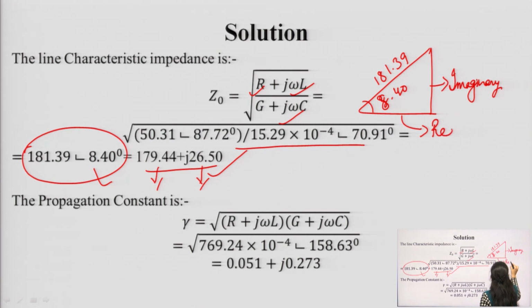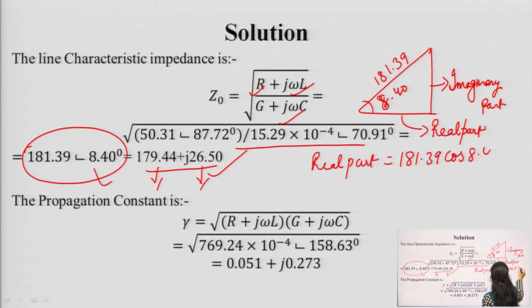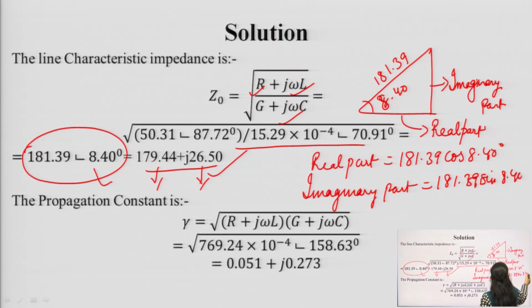The real part will be 181.39 cos of 8.40 degrees, and the imaginary part will be 181.39 sine of 8.40 degrees.